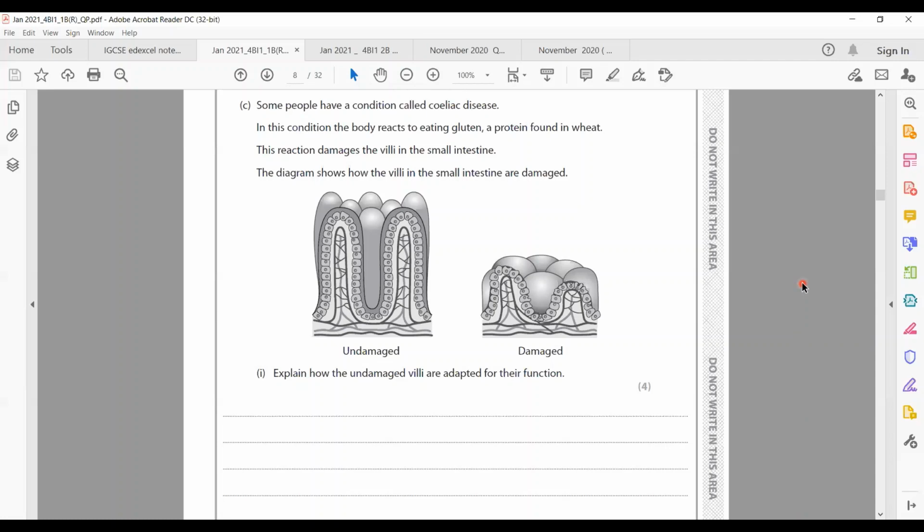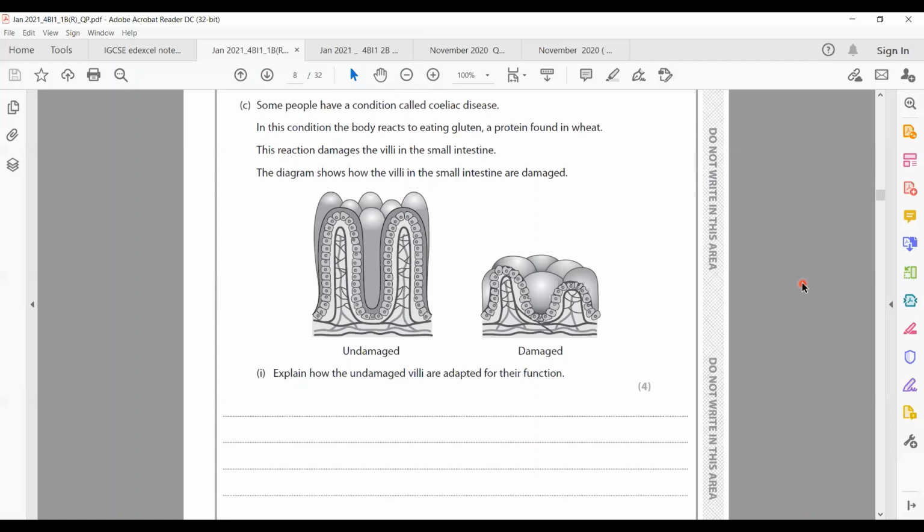But if you want to mention the fatty acids you have to mention what? Glycerol. The villi and the microvilli absorb all the types of digested food including fatty acids and glycerol, but they go to different pathways inside.